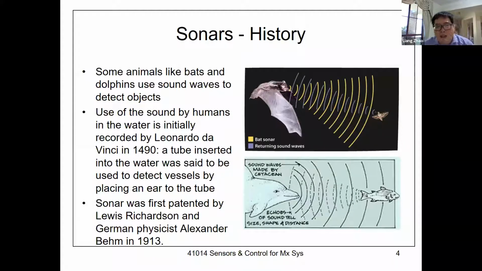And sonar was patented in 1913, so it's not that long ago. And then it was really well developed in the Second World War, because submarines developed a lot during that time as well.